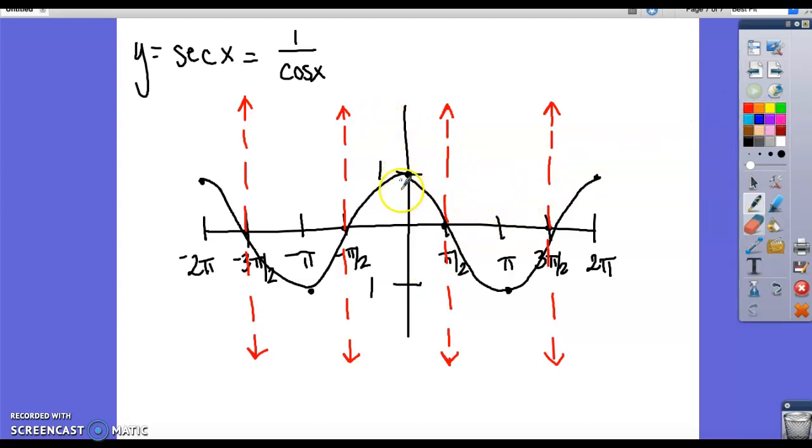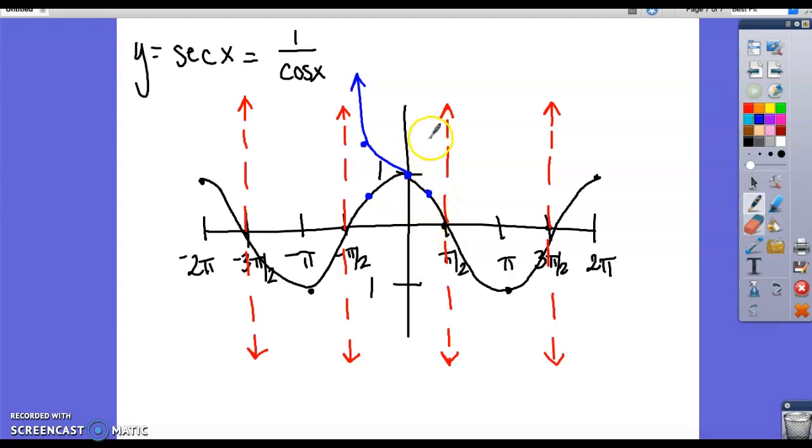With my cosine function, at 0, the cosine is 1. The reciprocal of 1 is 1, so secant is the same. And then the same thing as the sine function. If this is 1/2 right here, the reciprocal of 1/2 is 2. So I have a point that goes up this way. It's going to go right up to that asymptote. Same thing here.